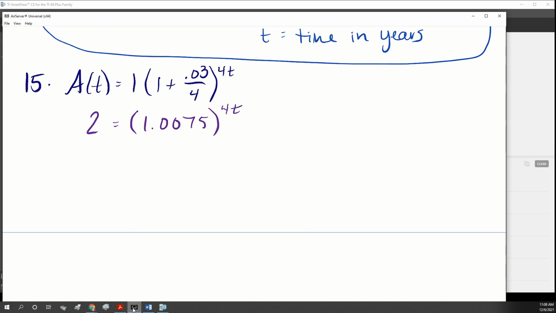All right, so we have an equation now that only has one variable, just t, and we can solve it. So what are we going to do? Take the natural log. All right, and the whole point is so we can take that 4t and drop it down.